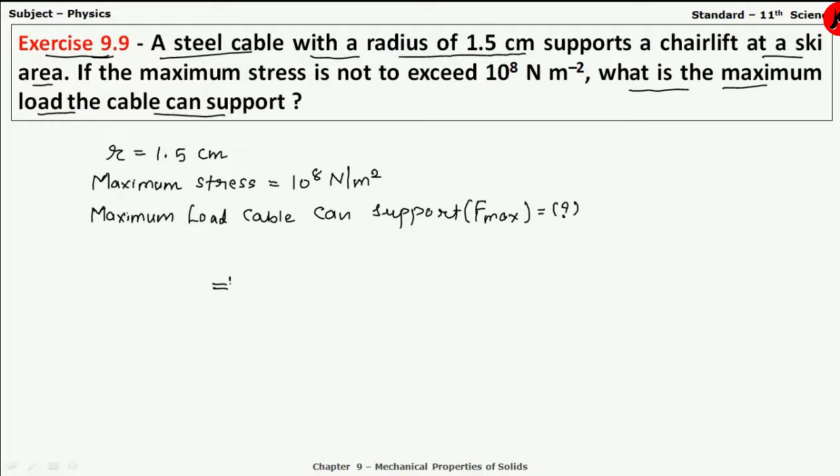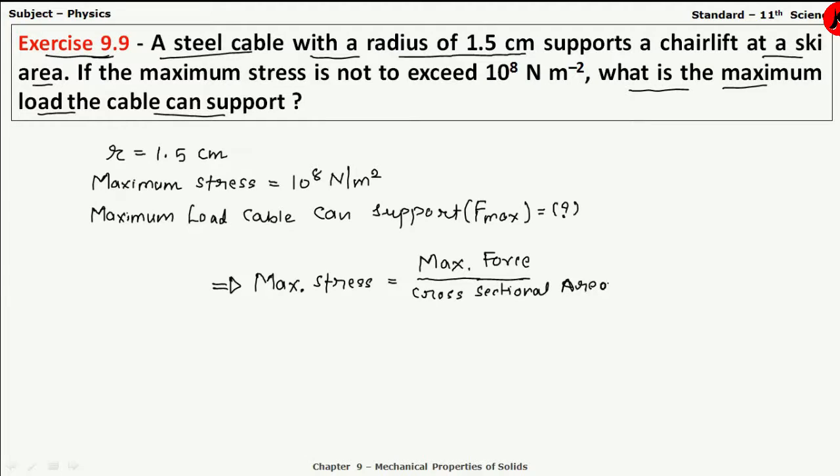Right, so equation of maximum stress, which is equal to what? Stress is defined as force per unit area, force per unit cross sectional area, and here we have to find the maximum stress. So the definition becomes maximum stress equal to maximum force divided by cross sectional area.